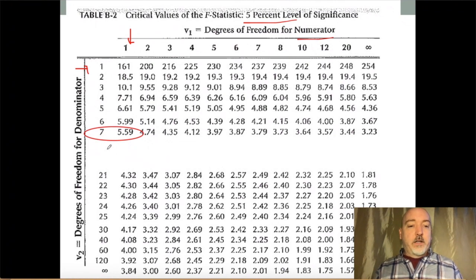Right? So it takes a little bit of practice to know what we're looking at here, but we have M equal to 1, so we're in this first column, N minus K minus 1 of 7, so we're in this 7th row. So that's where that critical value of 5.59 came from.